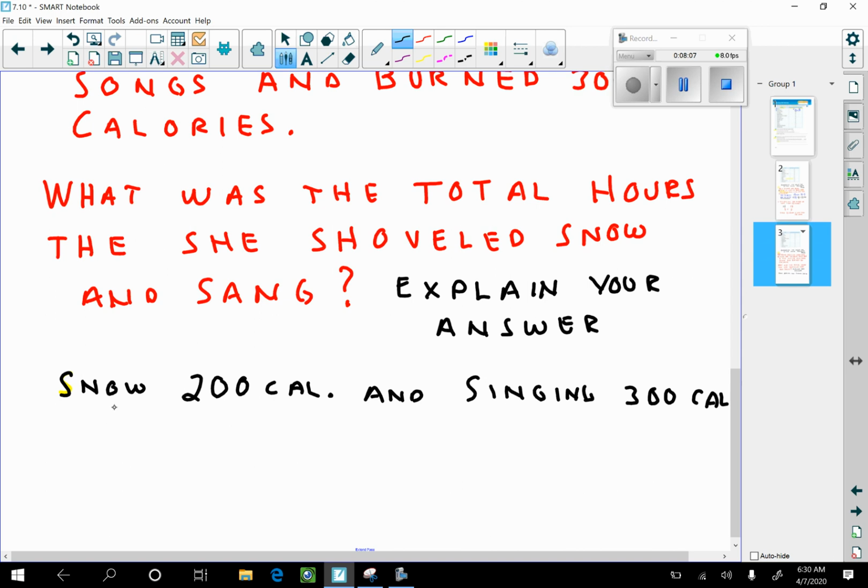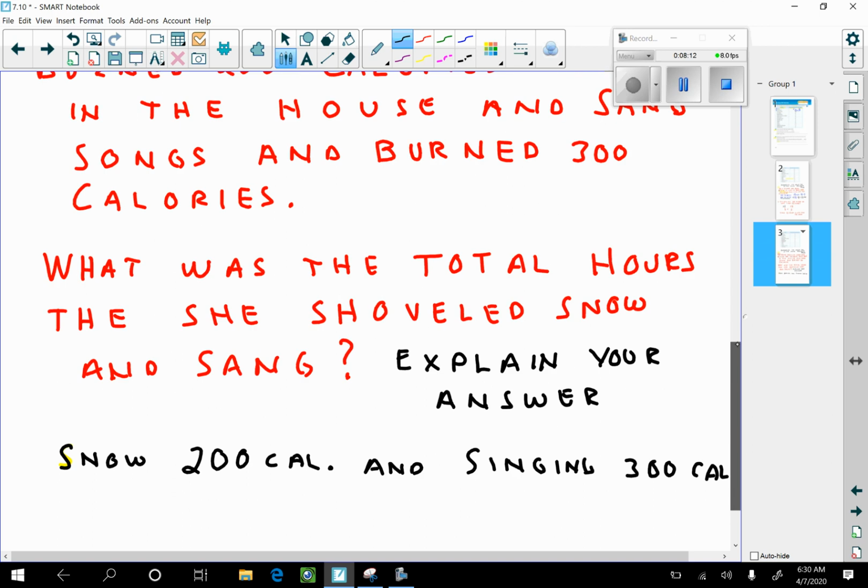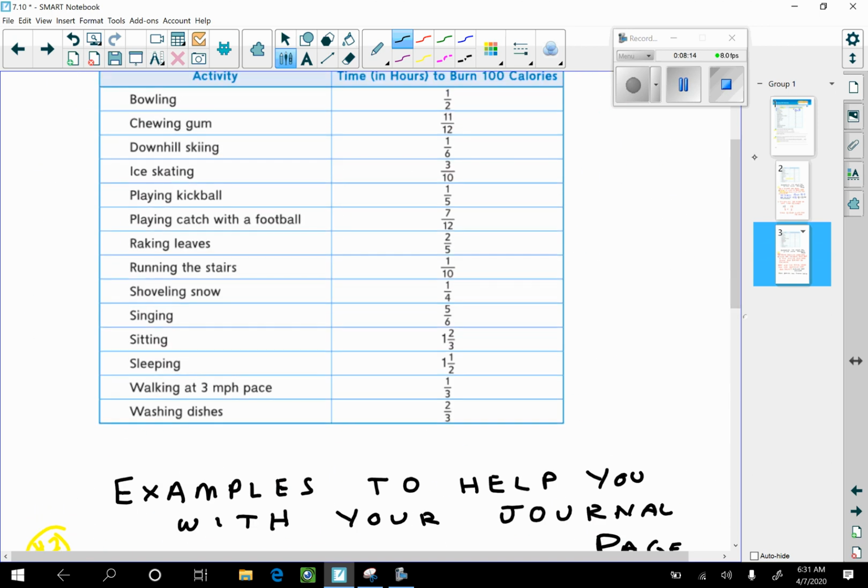Well, I need to look at the snow activity and 200 calories. So I'm going to go back up here to my table, and I'm going to find snow. Shoveling snow is right here, 1/4 of an hour.